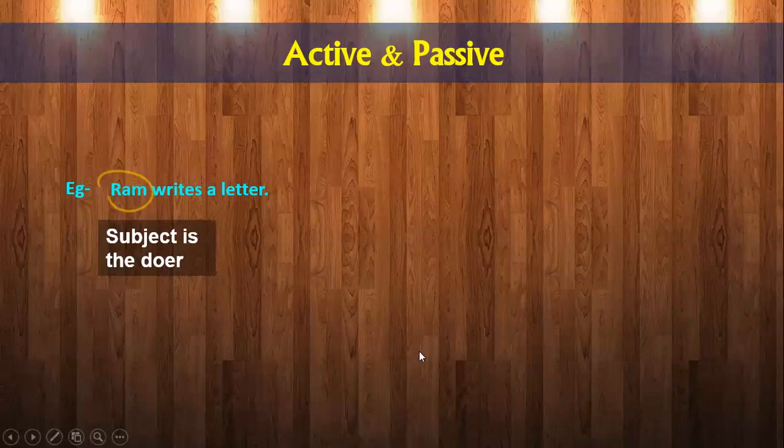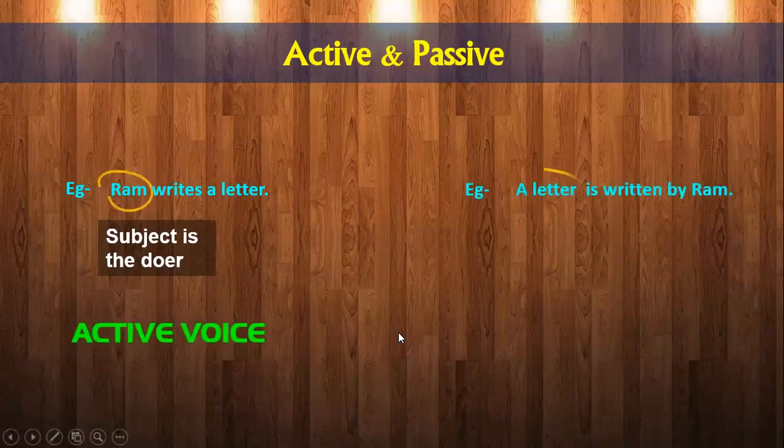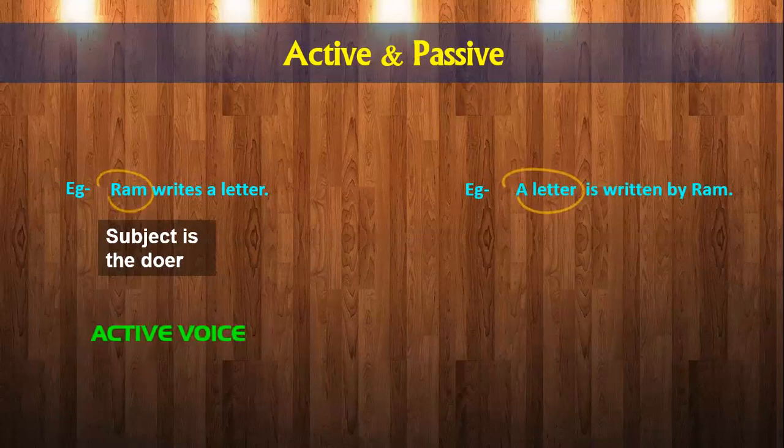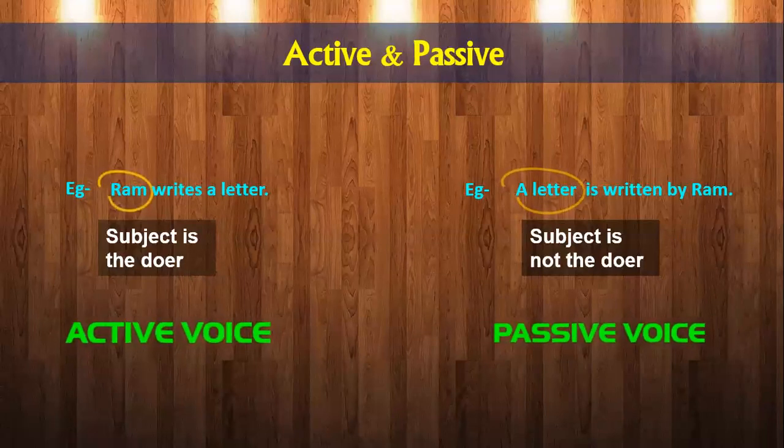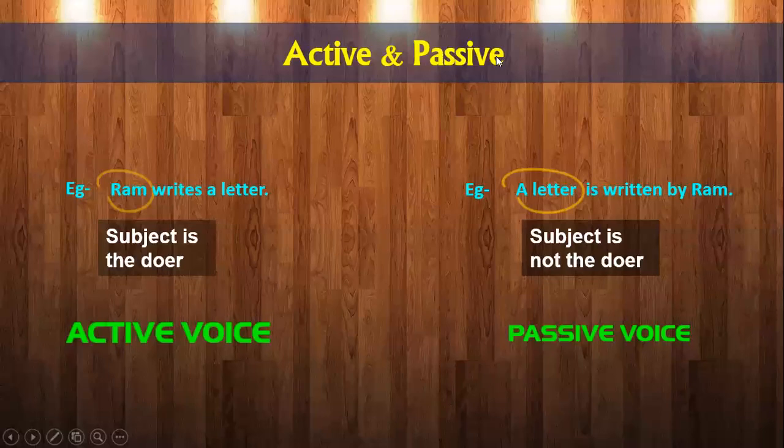Because the sentence starts with a doer of the action, we consider this an active voice. While in this sentence, a letter is written by Ram, a letter is not doing the action. Hence, we can either call it a non-doer or an object. Whenever a sentence starts with a non-doer or an object, it is known as the passive voice.